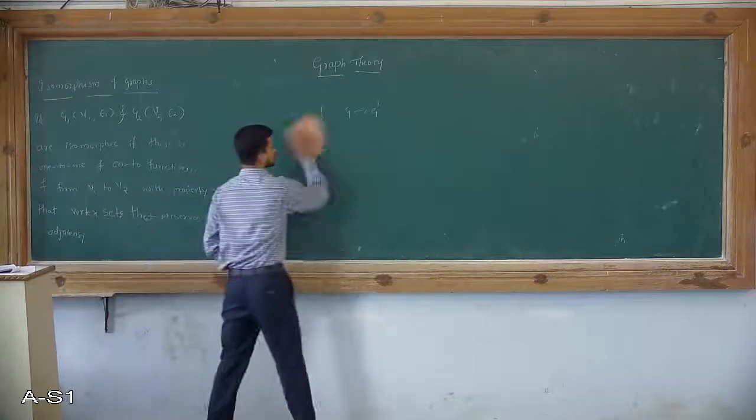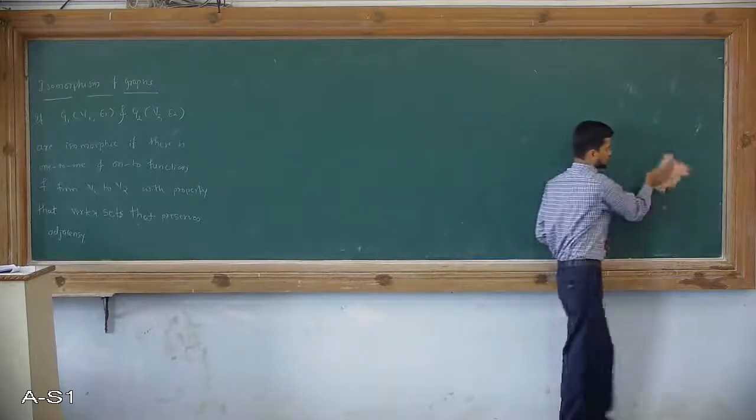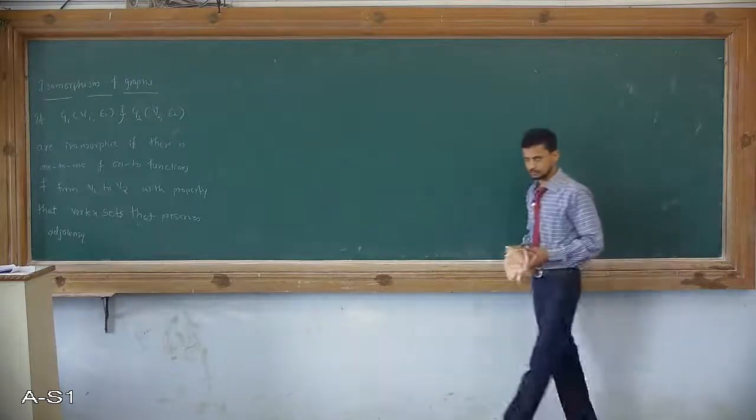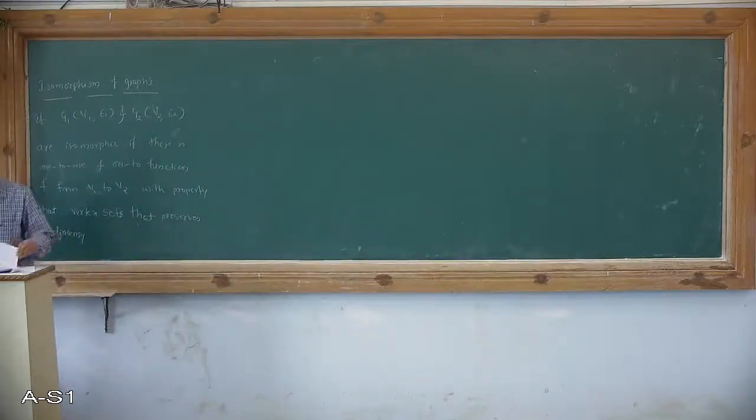Okay, now I will explain this theoretical definition of an isomorphism of two graphs by taking a simple example here.